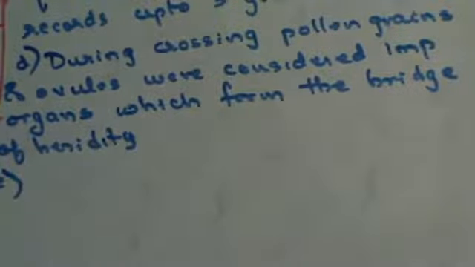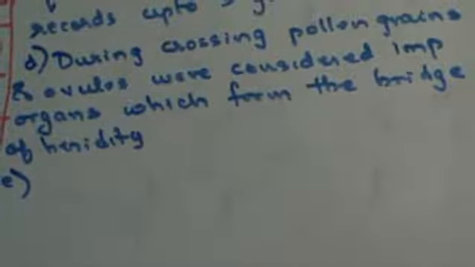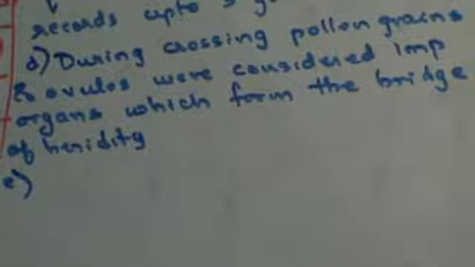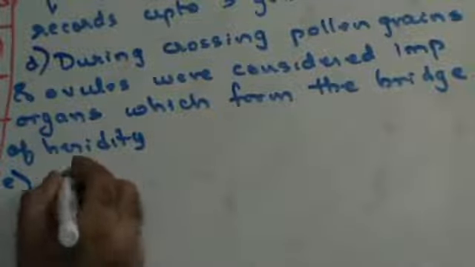Now, he always performed crossing experiments using 7 pairs of contrasting characters, but considered only 1 pair of contrasting characters at a time. I've already told you what are the 7 pairs of contrasting characters that he has selected, but at a time he would do experiments only on 1 character, right?